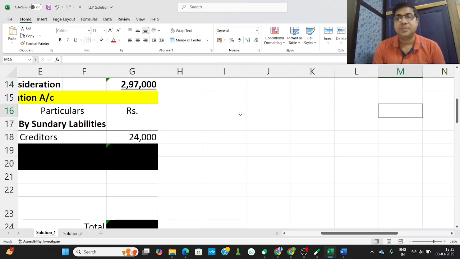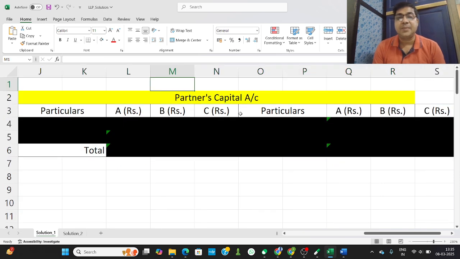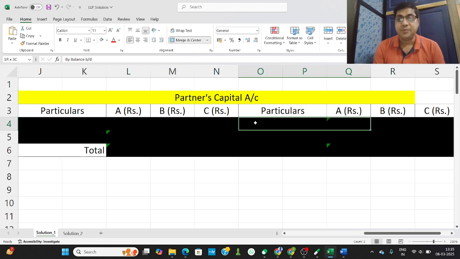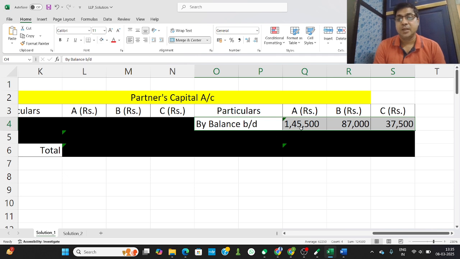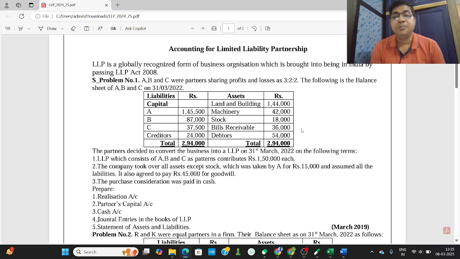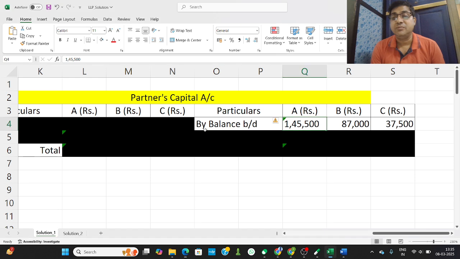Where we will transfer the capital balances? Partners capital account. So we prepared this partners capital account, and credit side we have to record their balance by balance brought down. A's capital 1,45,500, B's capital 87,000, and C's capital 37,500. These all items in partners capital account credit side we have to record by balance brought down.